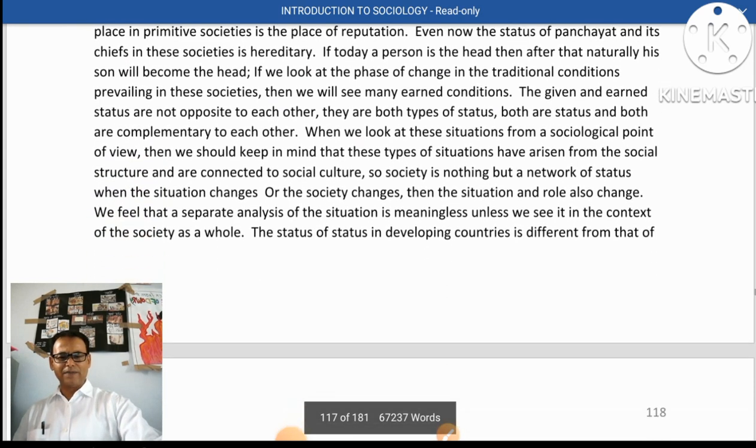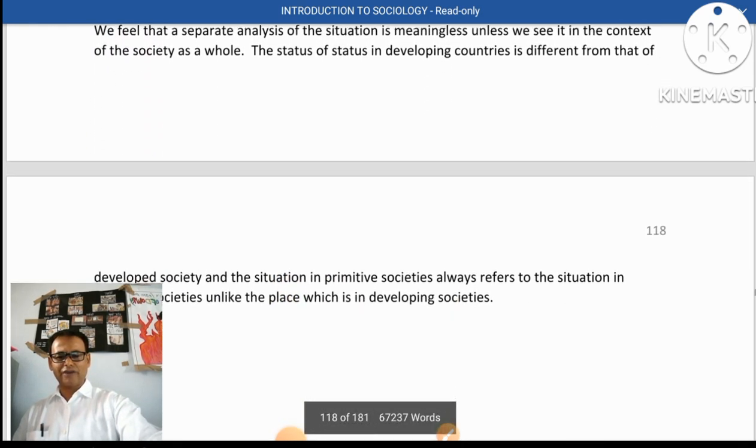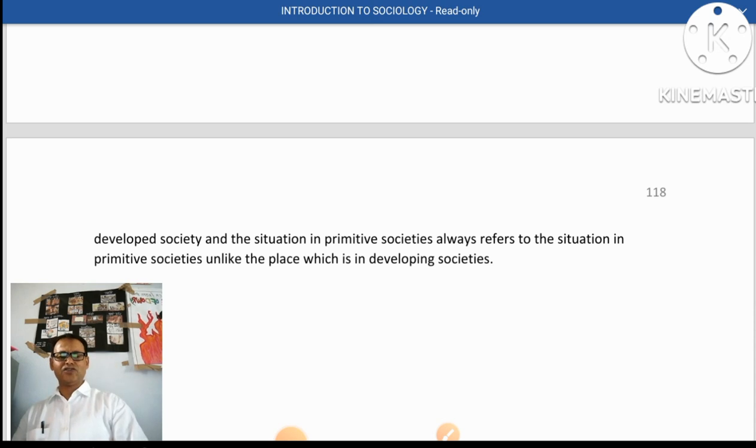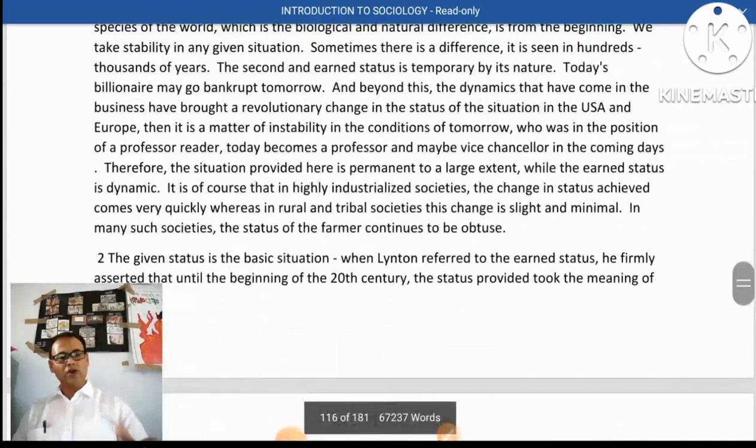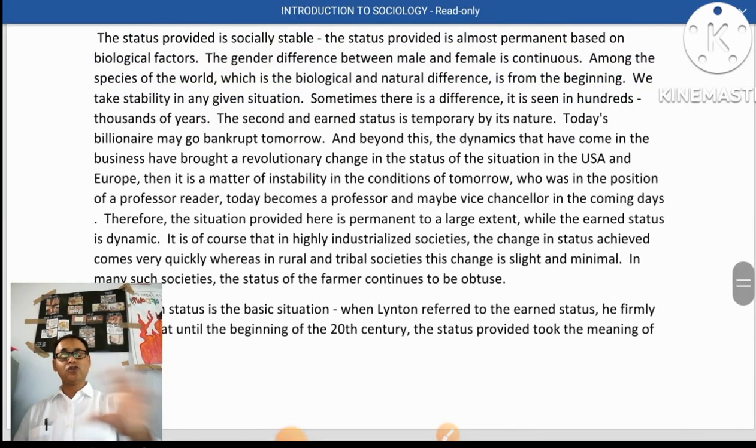The status in developing countries is different from that of developed society, and the situation in primitive society is unlike that in developing society. So it also varies from society to society, which types of status are more prominent.